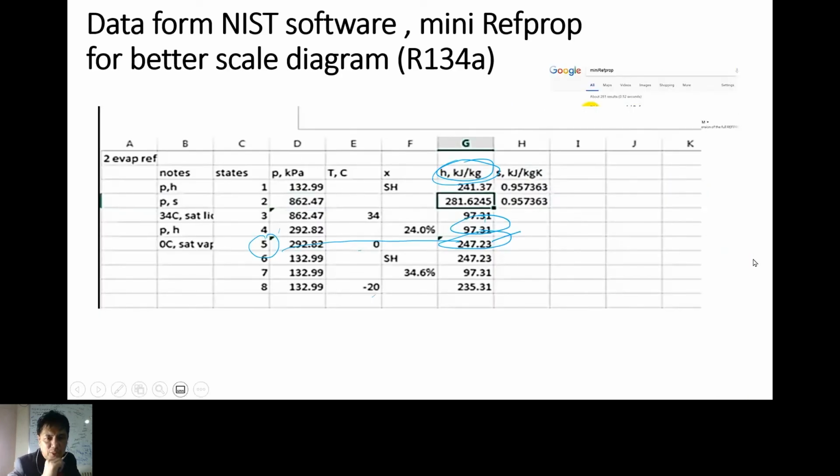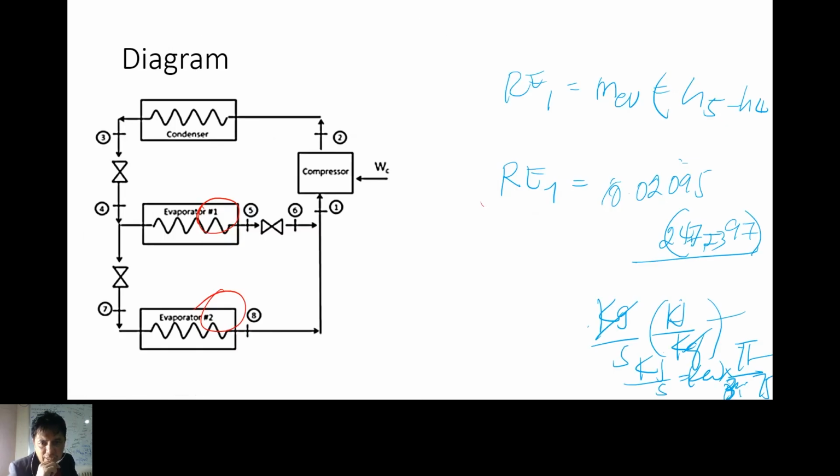So, ngayon, punta ka naman doon sa isang refrigeration effect, number 2. Ito na, so refrigeration effect, number 2 will be the mass flowing into the evaporator 2, which is here, lalabas sa 8. I-multiply mo siya sa difference ng enthalpy nila, which is higher is H8 minus H7.